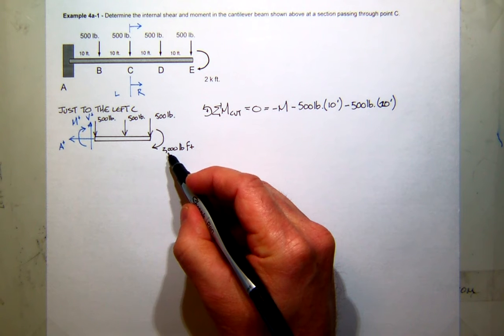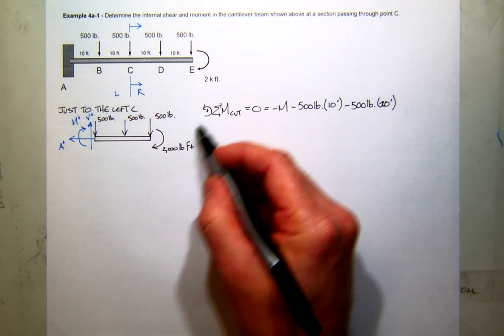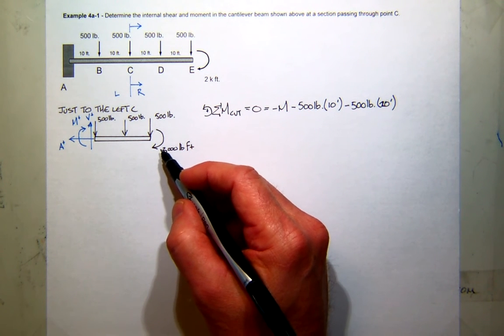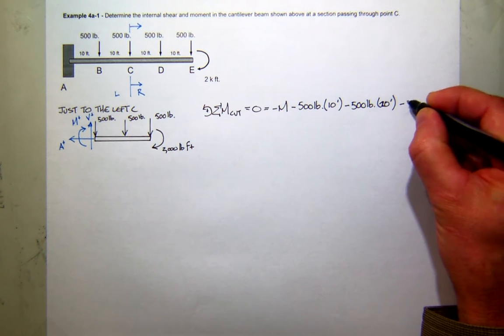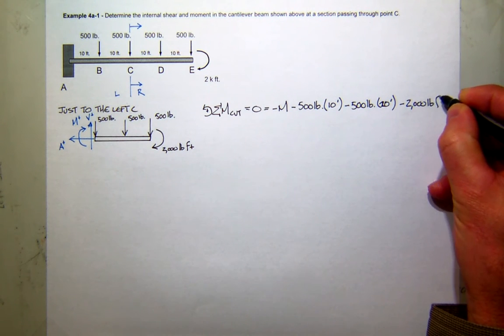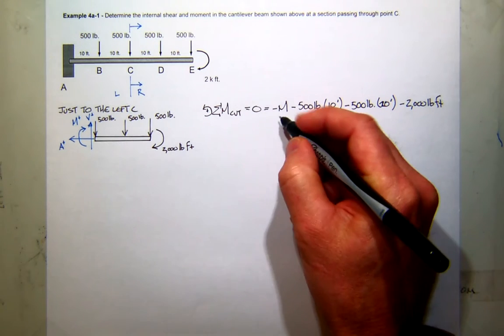And then the applied moment at the end, according to my sign convention, is that positive or negative? It is negative. So that'd be minus 2,000 pound-feet.